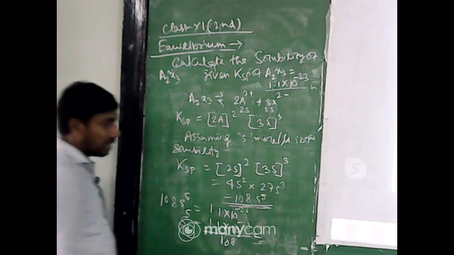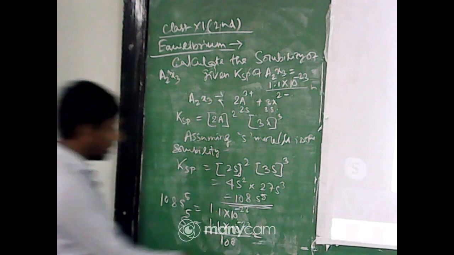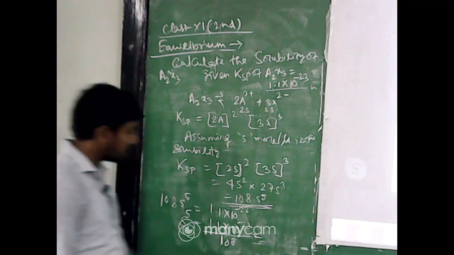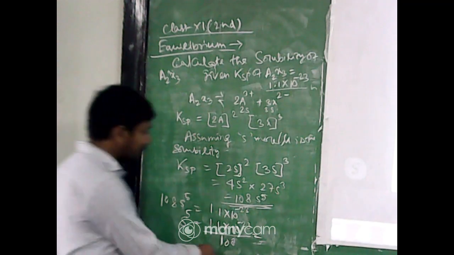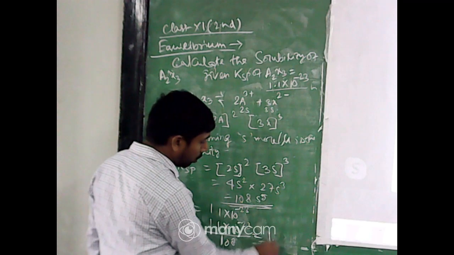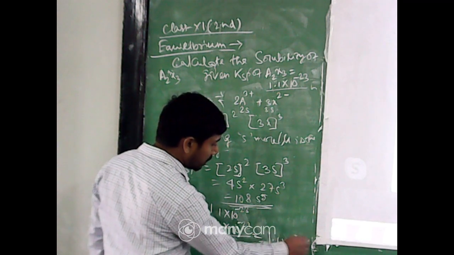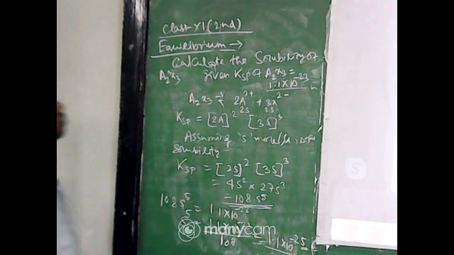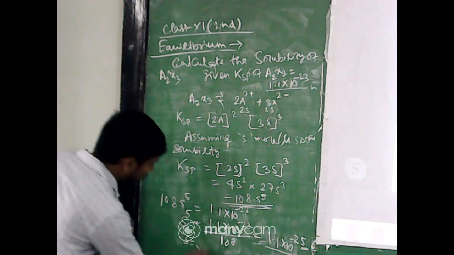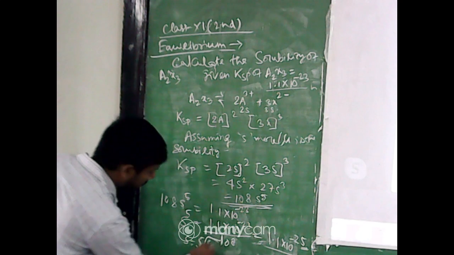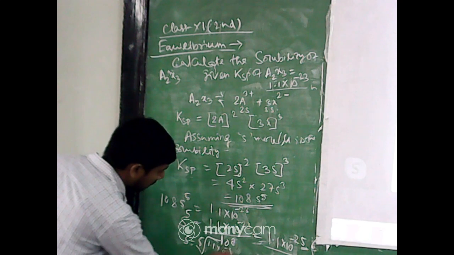In a rough perspective, we may assume 108 as 100, that is 10 square. So it is equal to 1.1 into 10 to the power minus 25 roughly. We may take this assumption. In the next stage, S equals the fifth root of 1.1 into 10 to the power minus 25.